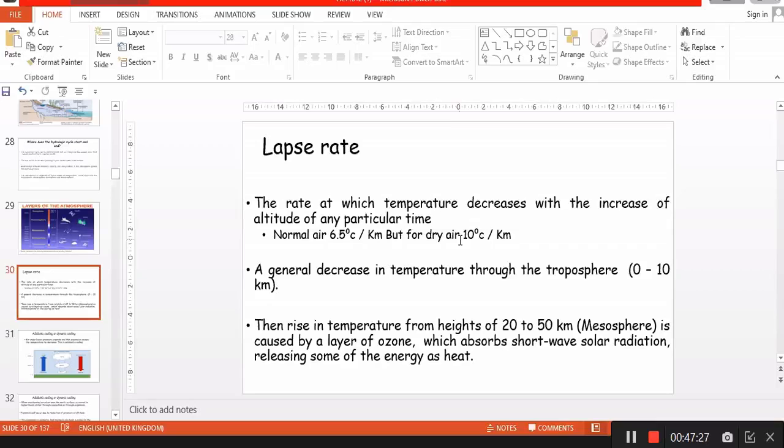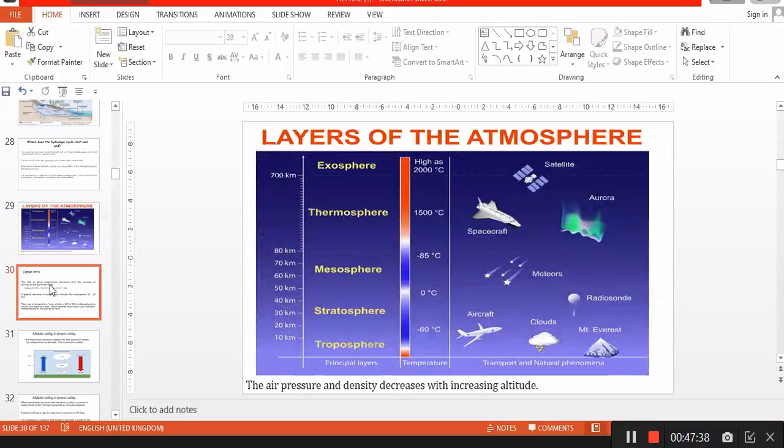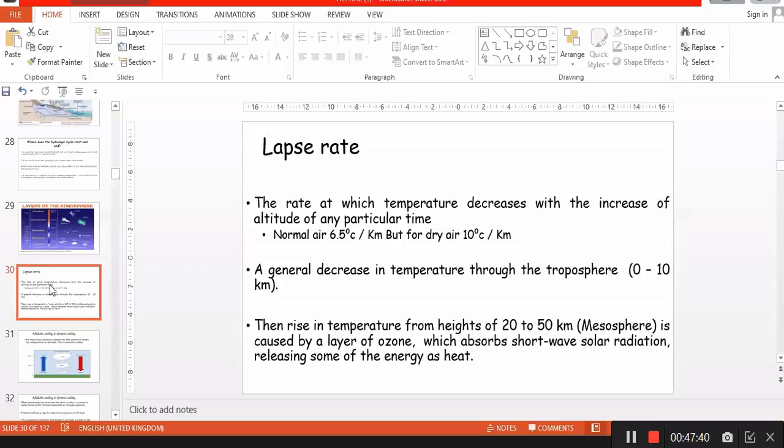The general decrease in temperature through the troposphere is also possible. It is common here. The troposphere is very close to the Earth's surface, from 0 to 10 kilometers. Then the rise in temperature from a height of 20 to 50 kilometers is caused by the layer of ozone.